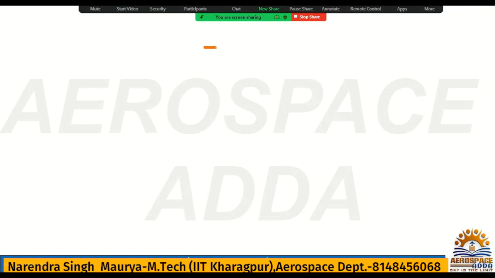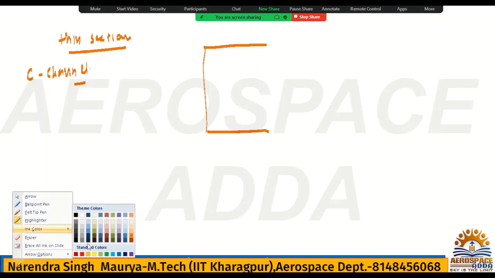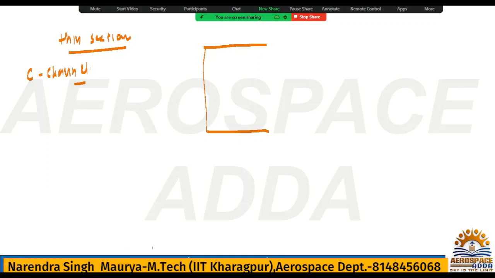Suppose this is the C section, and this is the thin section. This is the C channel. For this, you will get the idea what the meaning of this approximation is.